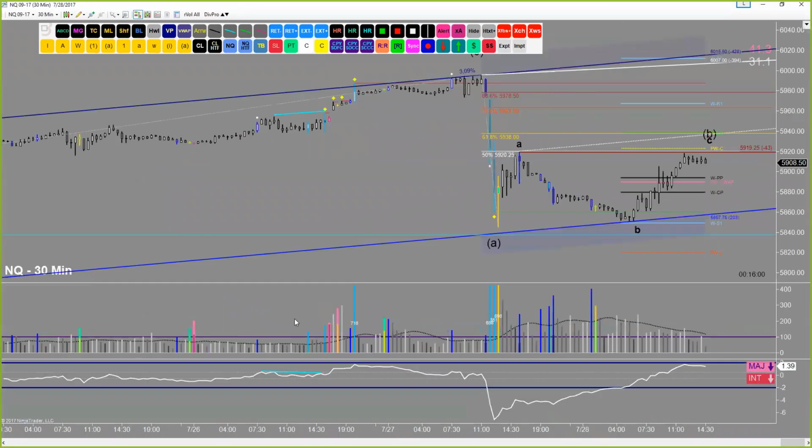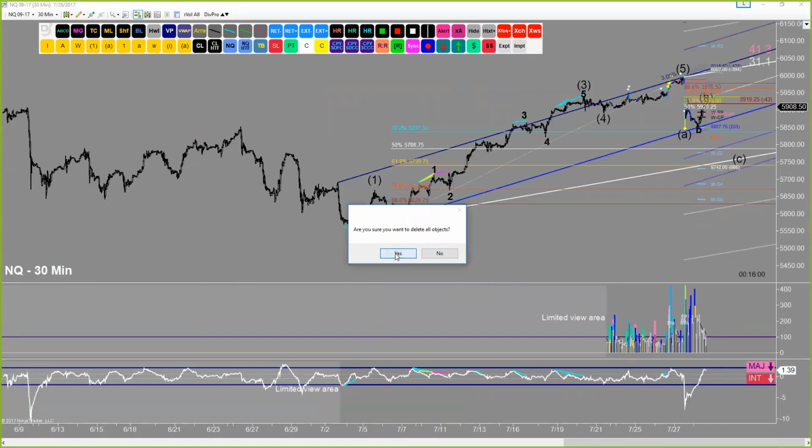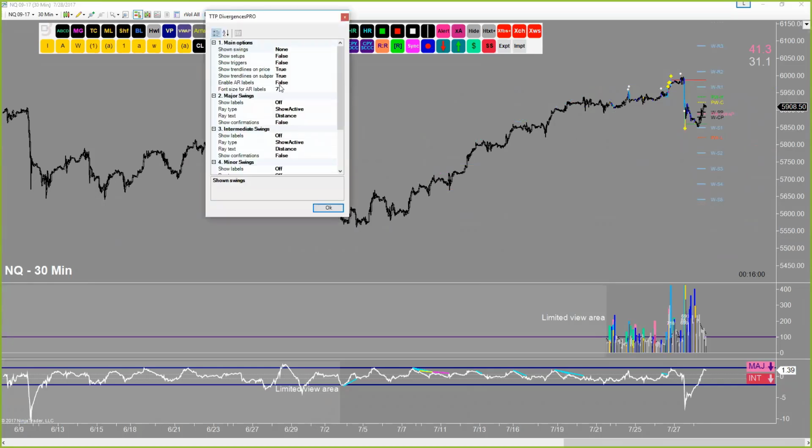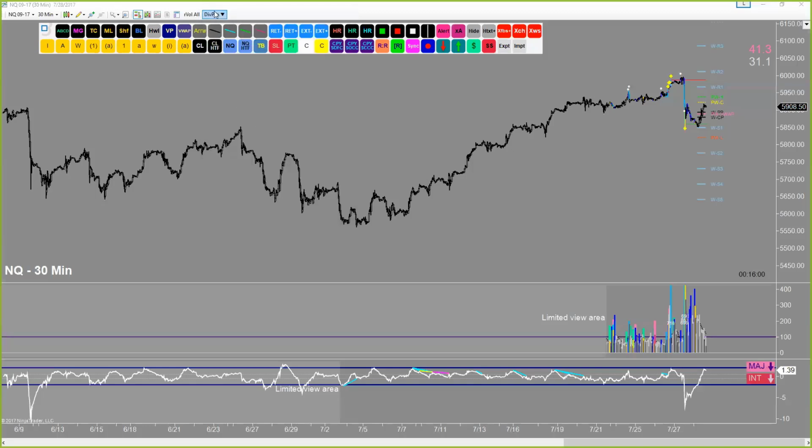So for instance, here on the half-hour chart, I'm drawing in both, and I can turn off the volume and the divergence here at the top of the chart. You can control the divergence algorithm, all the drawing objects and everything right here, but I can turn all of that off so that I can start with a clean chart to start performing this analysis.